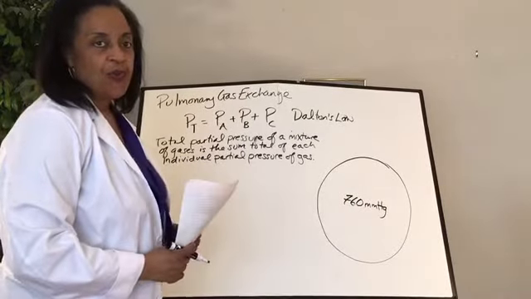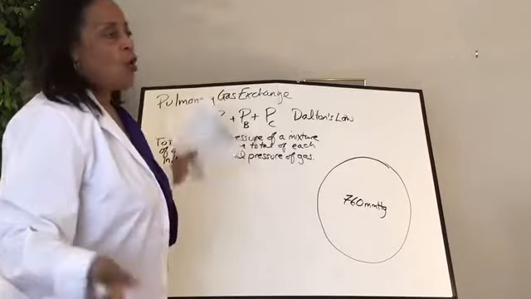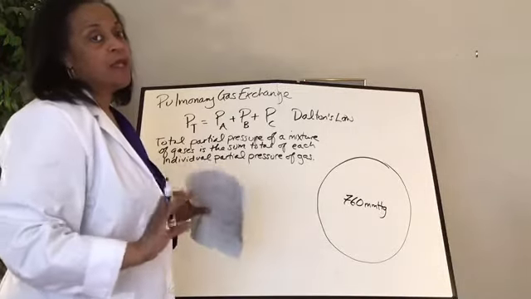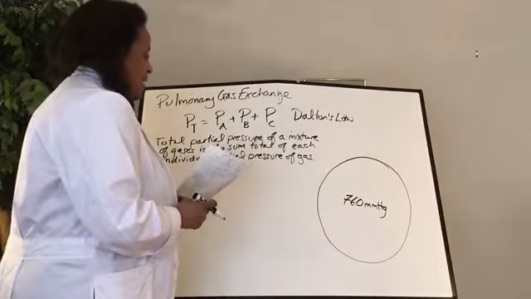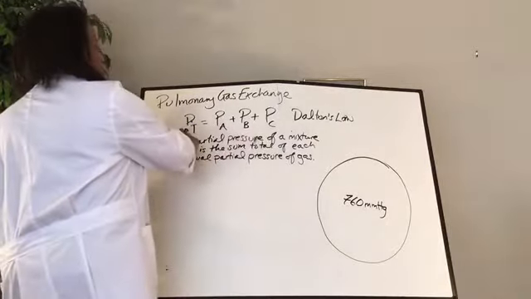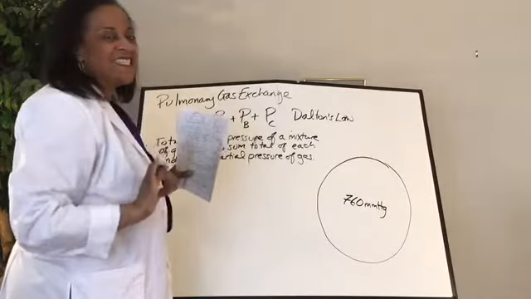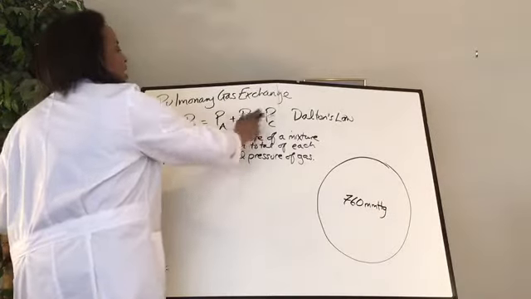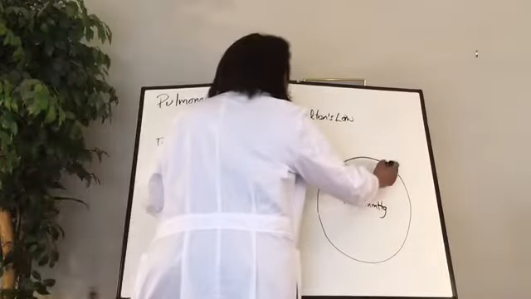That's the campus of Wayne County Community College. We're not up on a mountain like Mount Kilimanjaro, and we are not in the depths of the ocean. So this is going to be our atmosphere, 760 millimeters of mercury. Now, that's the total. That's the piece of T. But what gases are in that total? That's the piece of A, the piece of B, and the piece of C. The partial pressures.